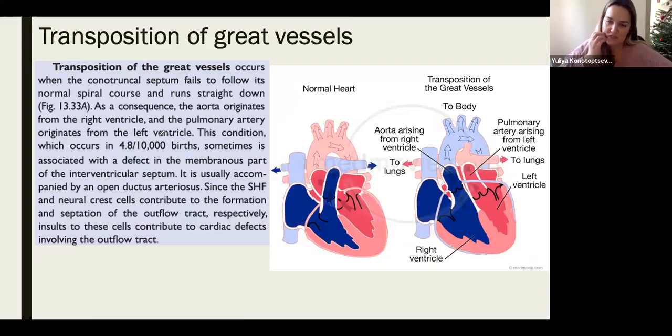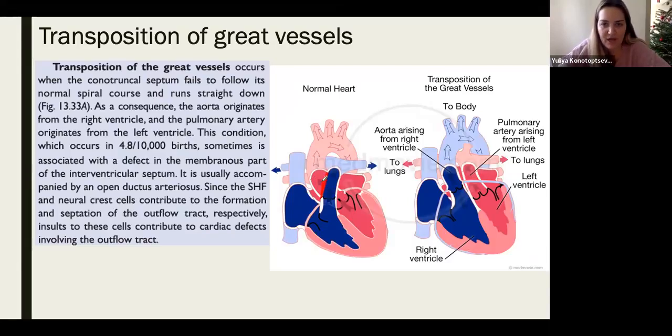Transposition of great vessels, this is another disorder or malformation that they're going to ask you. And we talked about it. So do you see, this is the spiral appearance. This part right here is the spiral part of the aorticopulmonary septum. That's the part where the two endocardial cushions have kind of gone around each other and created two outflows, right?